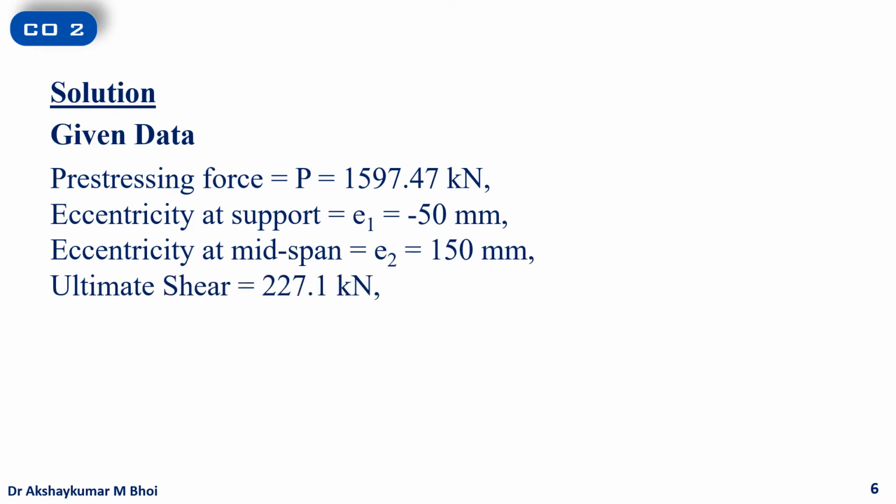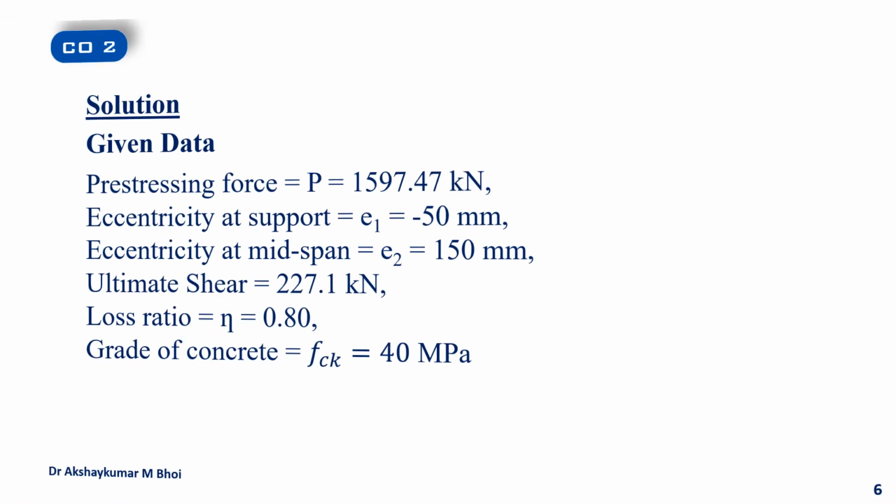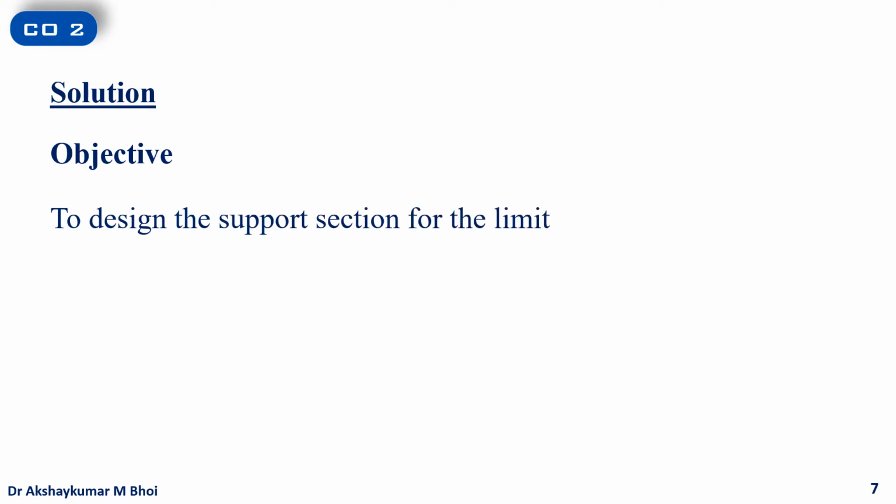Ultimate shear at the support section is 227.1 kN. The loss ratio eta is 0.80 and the grade of concrete fck is 40 Newton per mm square. The objective is to design the support section for the limit state of collapse shear.